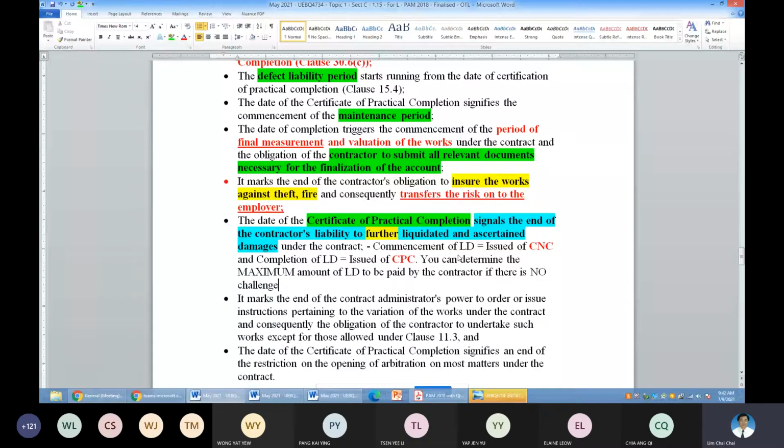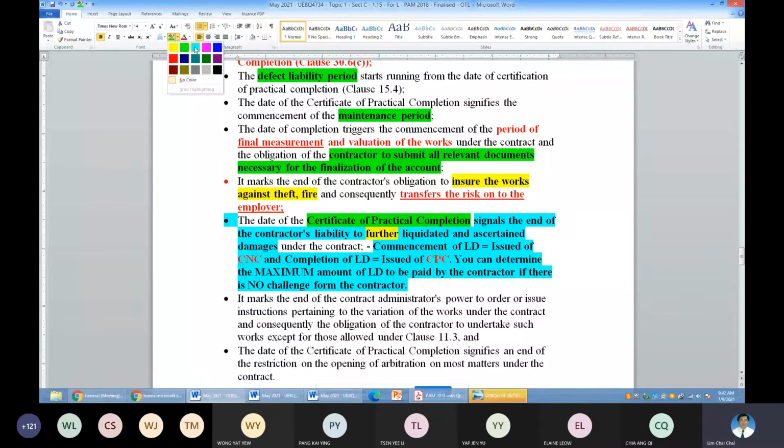So please remember this important point. If there is no challenge, this is the maximum already. If there's a challenge, you have to go and calculate your actual loss already. Please remember that important principle.